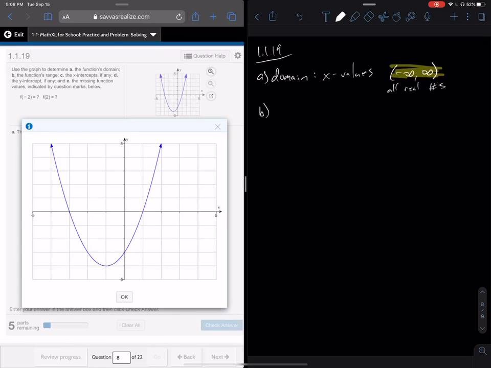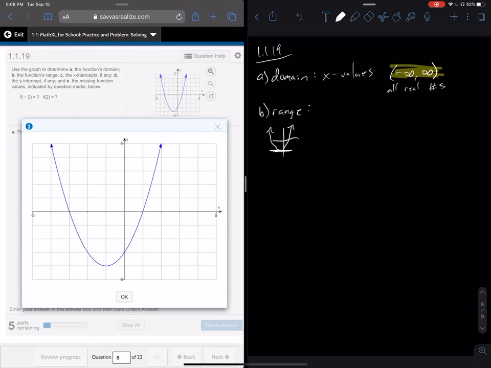Now, part B, they're asking for the range. My range here will have some limits. If I look at the graph, it does go up forever, but there is a minimum. The minimum is this point down here. It's never going to go below that point.